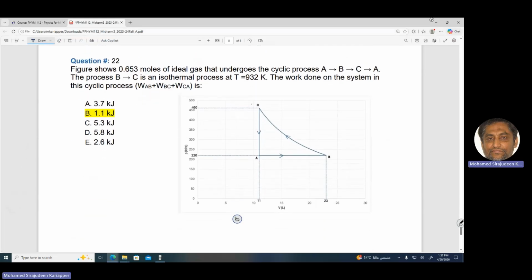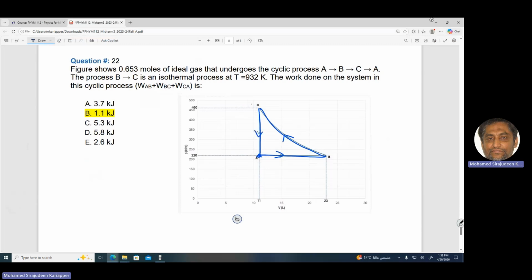The last one. A graph is shown where 0.653 moles of ideal gas undergoes the cyclic process. So start from A, it goes to B in this direction, then B to C in this direction, and C to A. So it's a cyclic process.